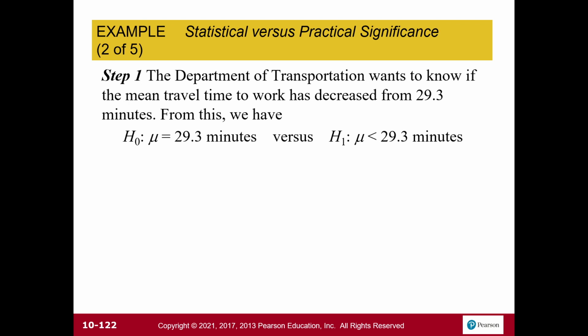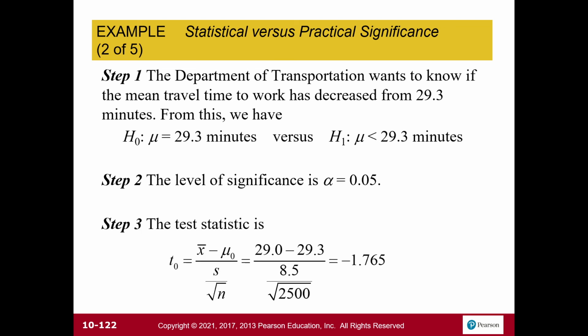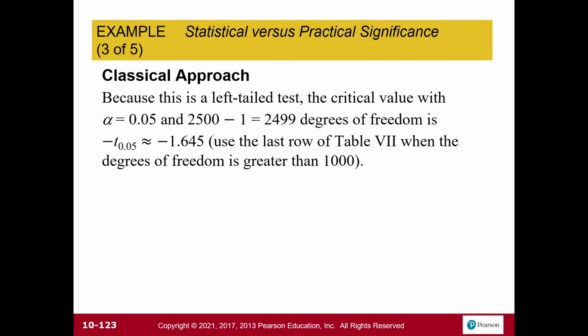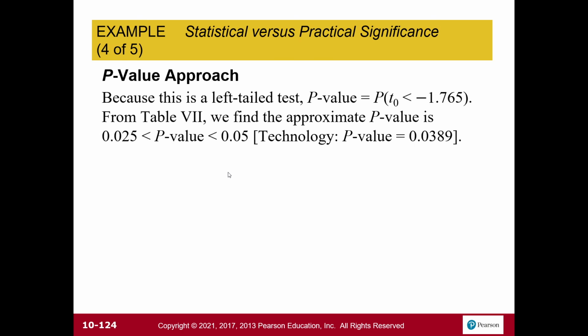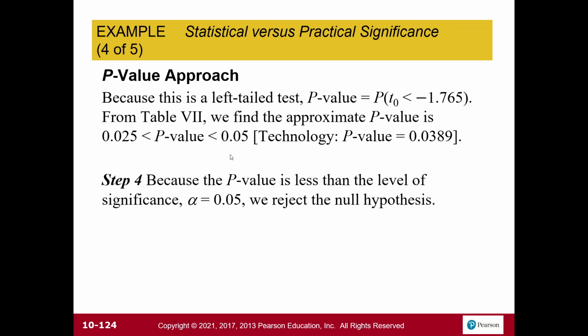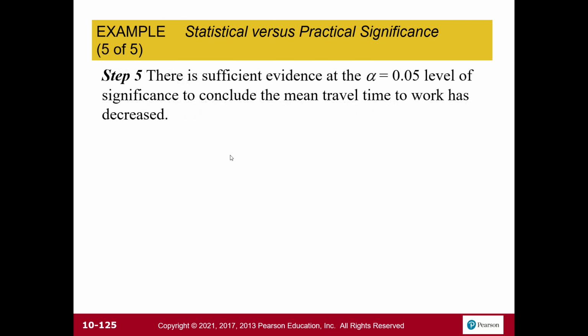All right, so here we have a problem, and our alpha is 0.05. We're going to calculate our test statistic, and we get 1.64. And if we were to compare the p-values, we see that the p-value is less than 0.05. So we're going to reject the null.